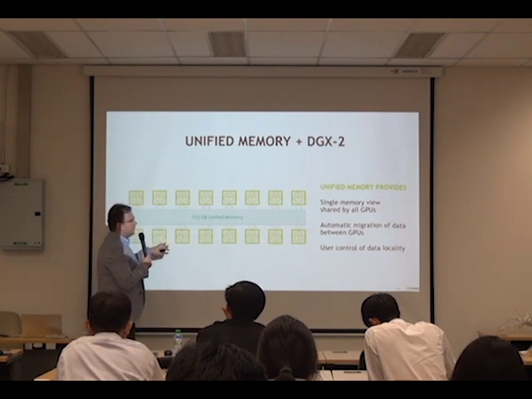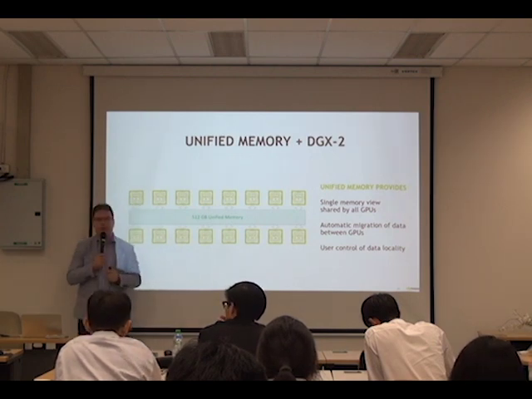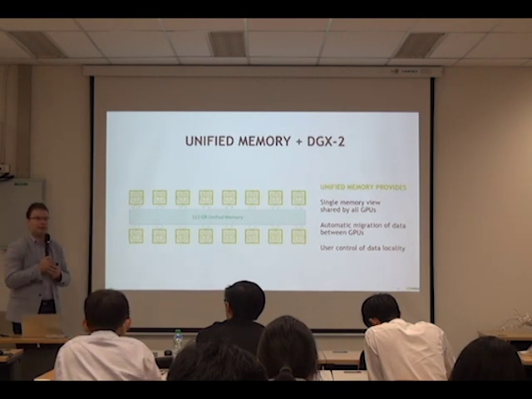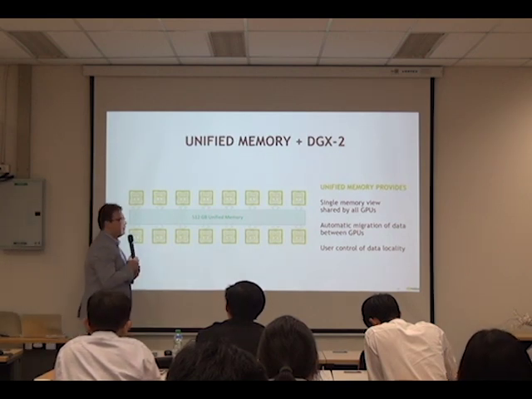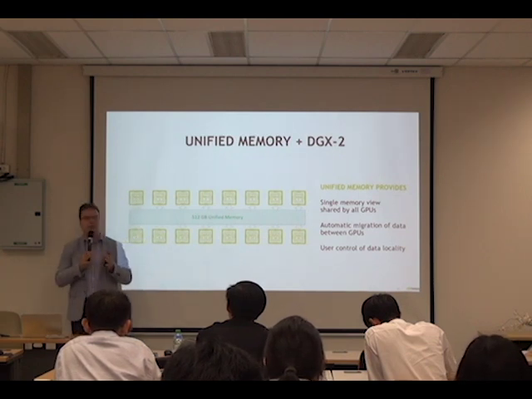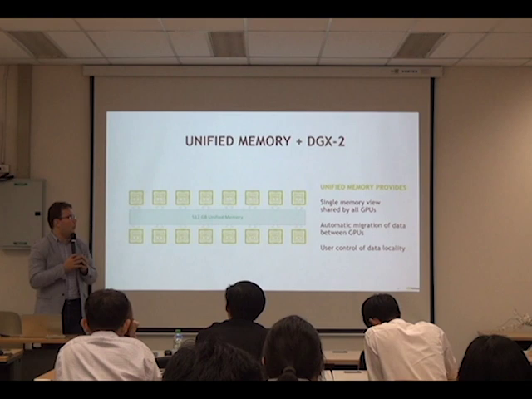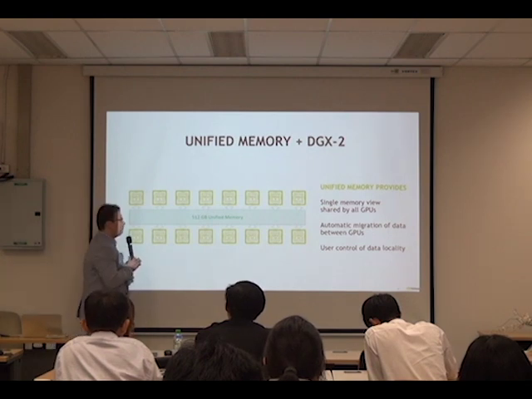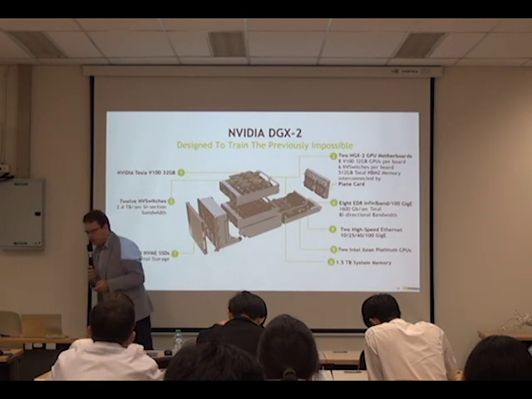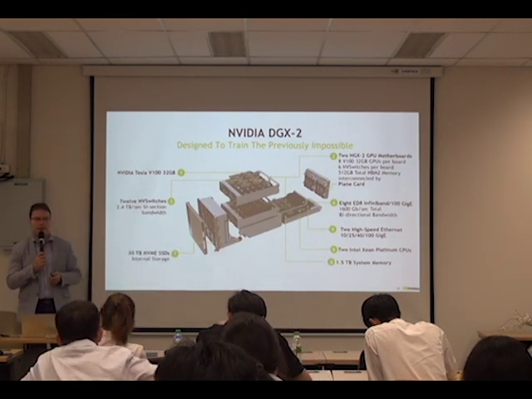In this case, for example, we are showing a 16 GPU system. Right now we have an 8 GPU system, but we already have the next generation that we launched last year, in which you have 16 GPUs in one single server. Anyway, this is how it looks.